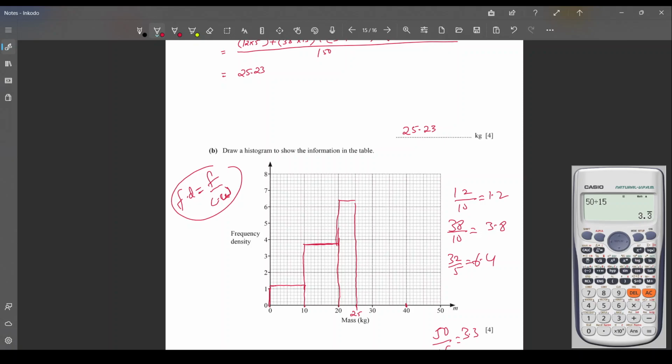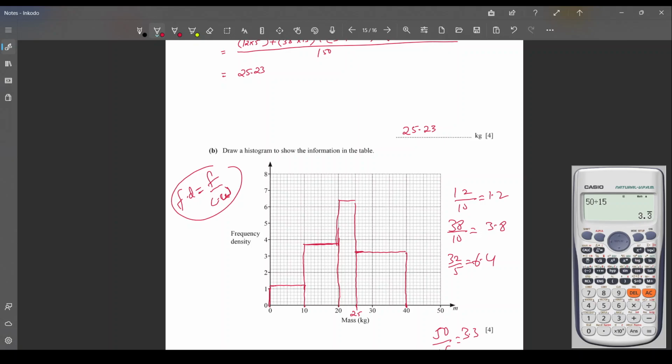So 3.33 is here, and it is a little more than 3, so it should be here somewhere. There was a small mistake. I can change it. This is 2 and this should be 3, a little above. So it should be 3 there.